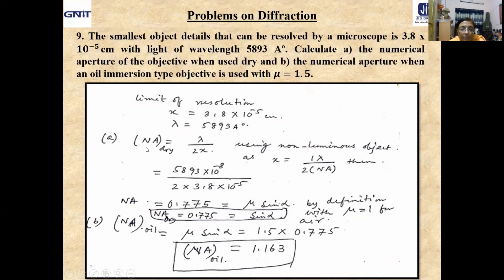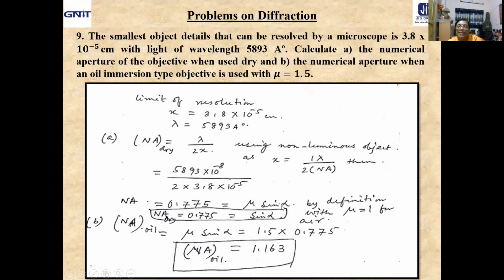Okay. That means numerical aperture dry, that means when air is there, lambda by 2x. So lambda value is given, 2 into x. You can find out the answer: 0.775. Okay. When used dry, numerical aperture is 0.775. Now, according to the definition of numerical aperture, it is written as mu into sine alpha or mu into sine i, where this alpha or i we have used in the last class.